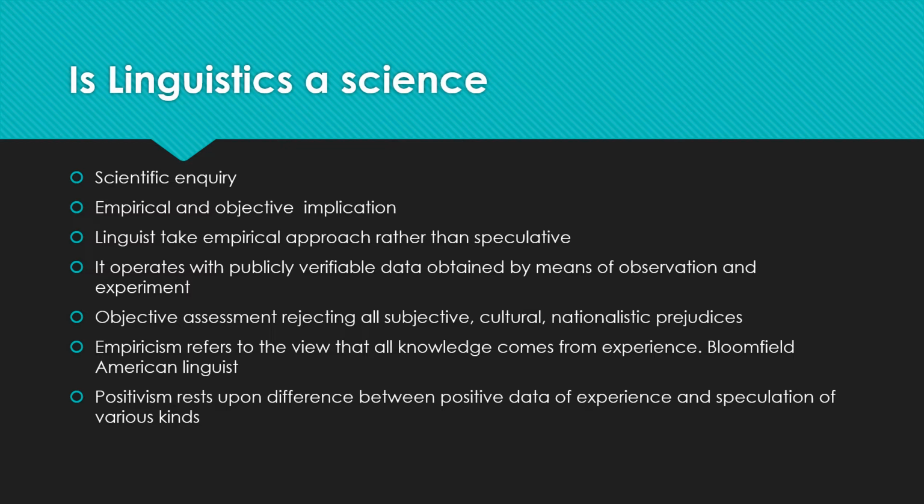Whenever a new experiment is suggested, there might be positive data recorded as a matter of fact, and there might be some wild guesses. So positivism refers to the positive data minus speculation. So from these points we can conclude that linguistics is a branch of science.